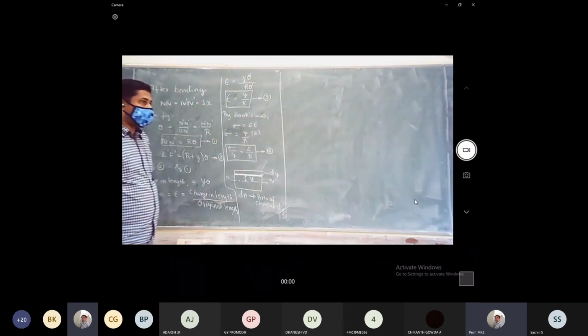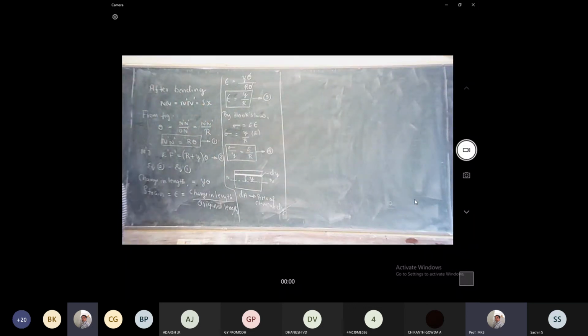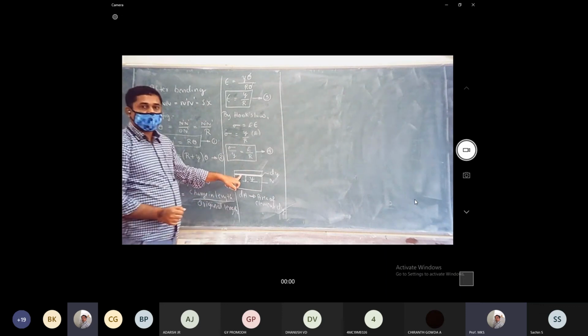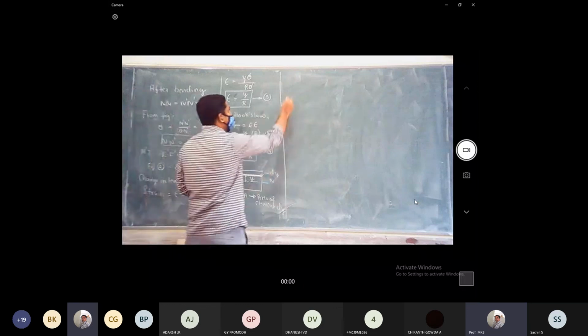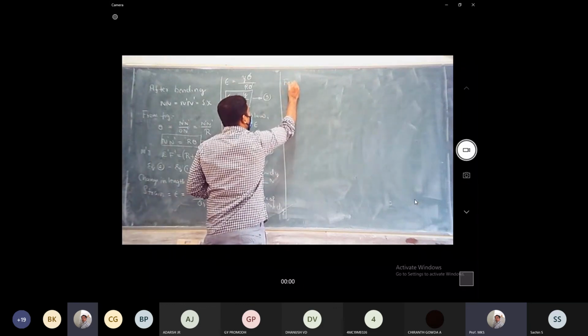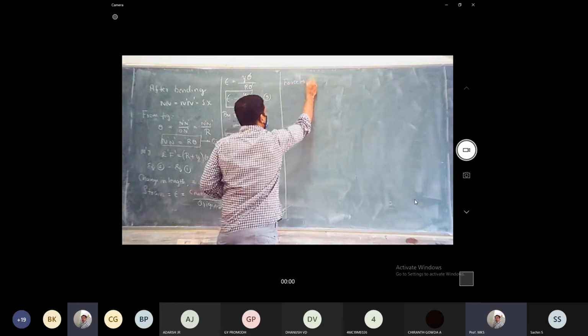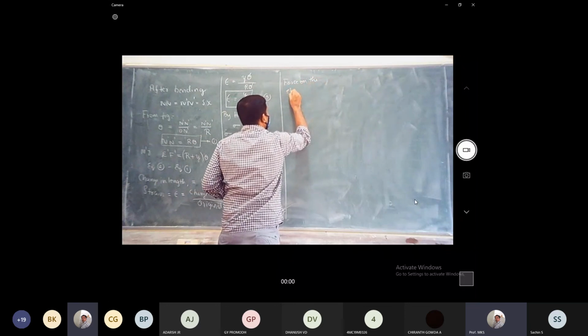Now we know that force is given by what? With respect to the stress, let us find the force acting on this layer, the force on the element.